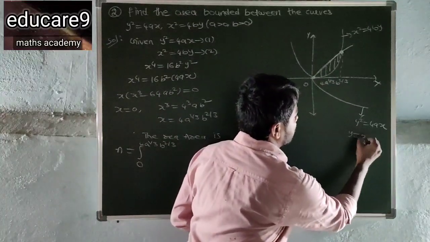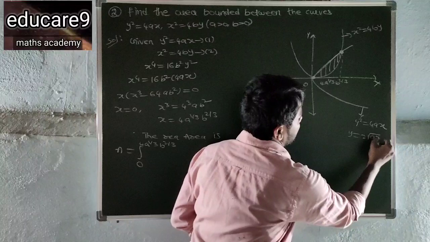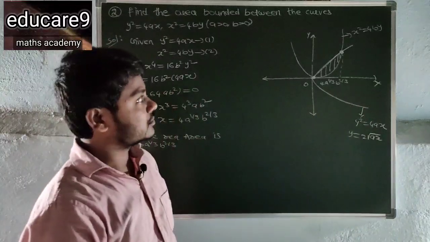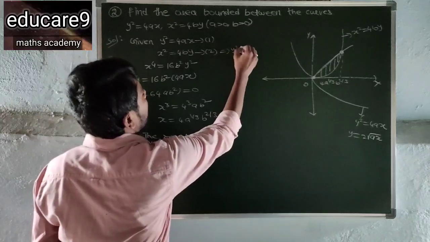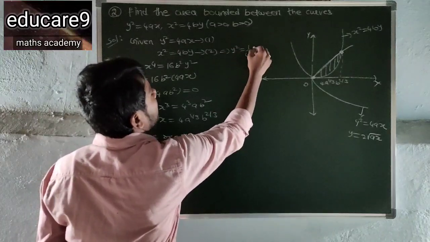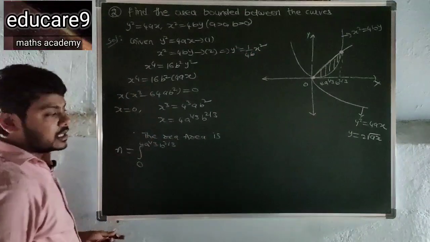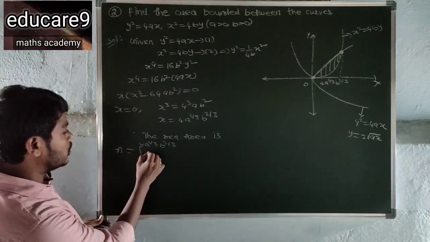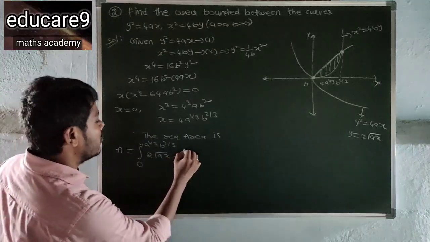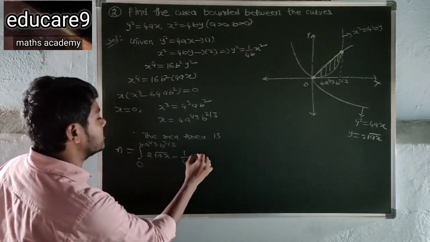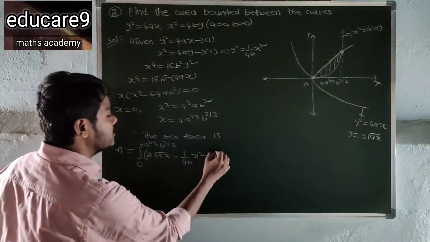From this y is equal to 2 root a root x. And from equation 2, what is the y value? 1 by 4b into x square. See here, upper curve 2 root ax minus lower curve 1 by 4b x square dx.